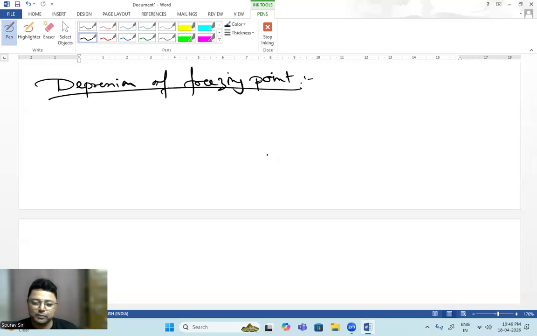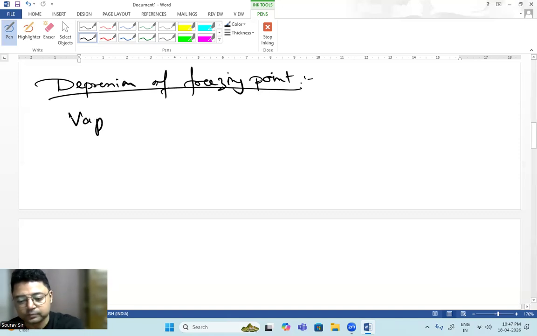What is freezing point? Like boiling point, where the vapor pressure should be equal to the atmospheric pressure. If I ask you what freezing point is, you will say that the freezing point of a liquid is the temperature at which the vapor pressure of a solvent in its liquid state and vapor phase become equal.